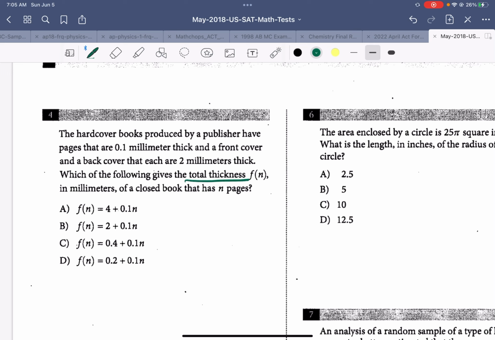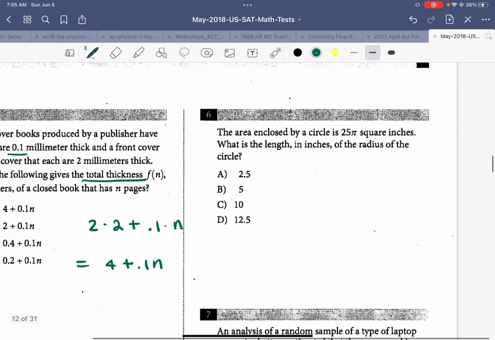Front cover and back cover are not going to change. So 2 times 2, plus each page is 0.1 millimeters thick and the number of pages is n, so 0.1 times n. So that is 4 plus 0.1n. That is equivalent to A.